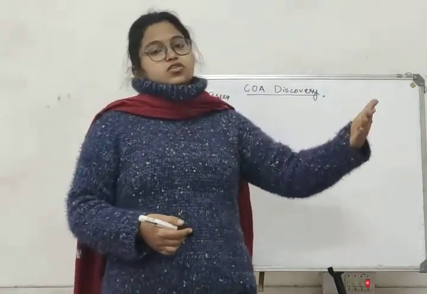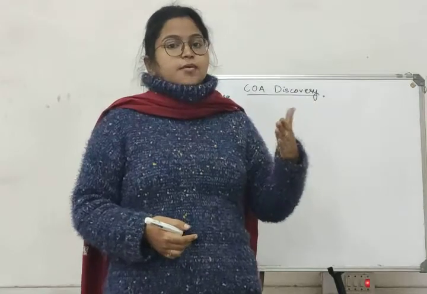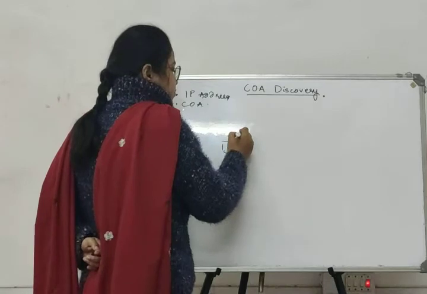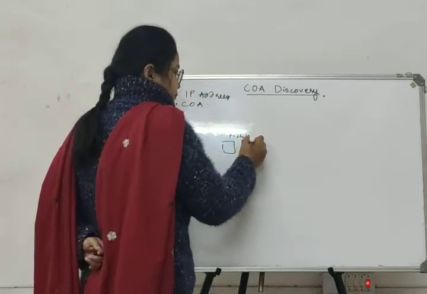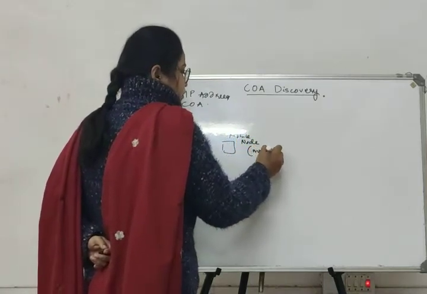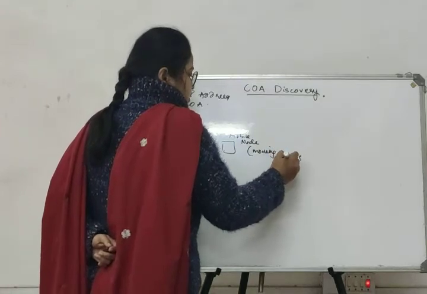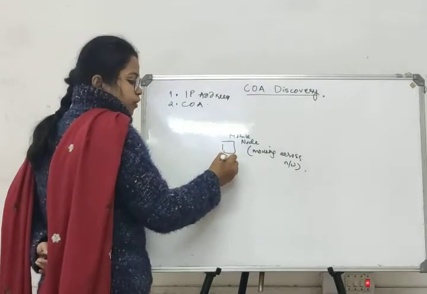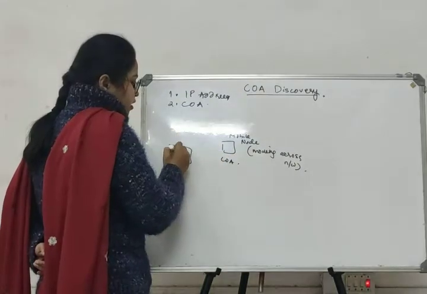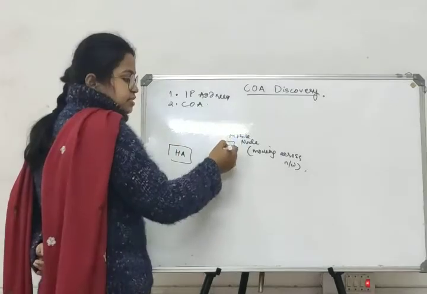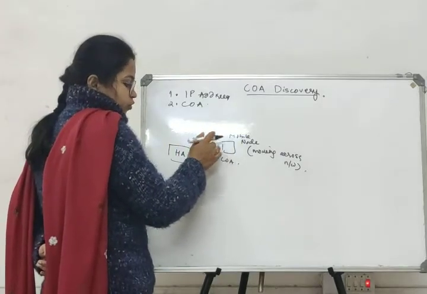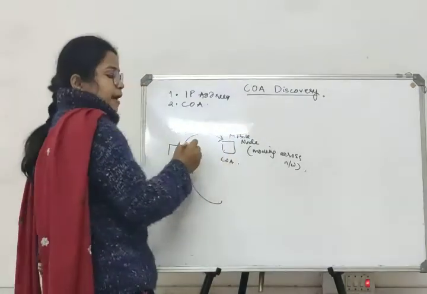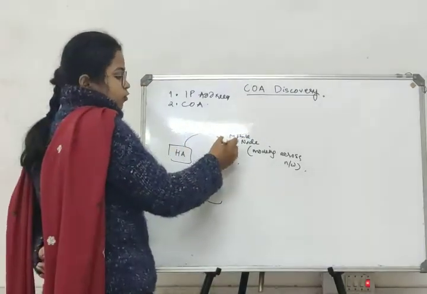Telling this to the home network is very important, because of the data we are sending to the mobile node. Suppose this is a mobile node which is moving across networks. It will detect that it needs the COA, but whenever a message is intended for this mobile node, it has to come to the home network, and the home network will route the packet to the mobile node, isn't it?